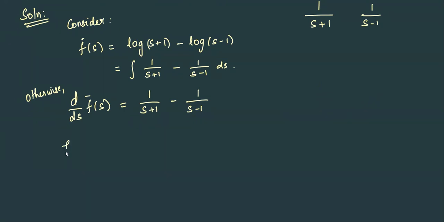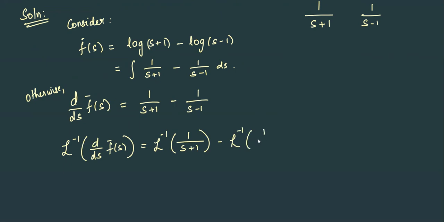Now, Laplace inverse of the derivative is Laplace inverse of this, which is e power minus t minus e power t. This is what it is.